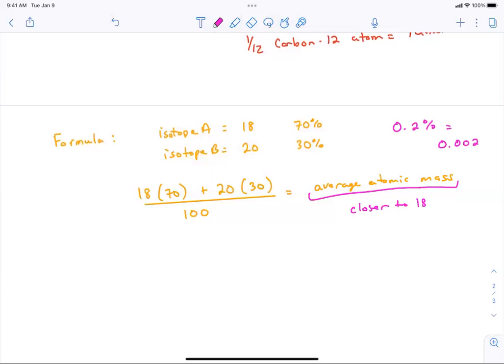So if you get an answer like 21 or 19.4, you did something wrong. Again, these are the checks and balances you have to think about, going, okay, maybe I typed in a decimal wrong in my calculator. Maybe I misread a number. Maybe I had a slightly dyslexic moment. I know I get numbers backwards all the time, okay? So you have to think, okay, my number has to be closer to 18 because my percentage of 18 is more than 20, so it has to lean that direction.